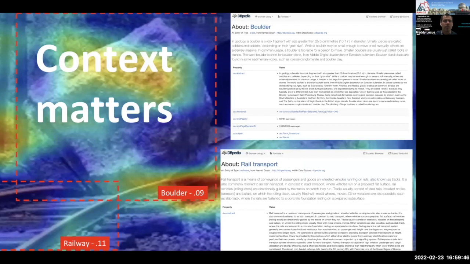So what's really missing is the concepts. And then if you do the same exercise, you look at boulder, and very pragmatically, you just look at those concepts, and then you start seeing that boulder and rail transport are connected, that boulders are causing X percentage of accidents globally.